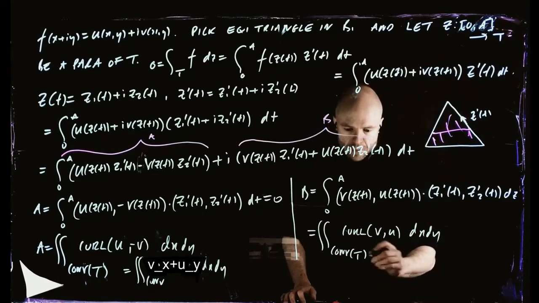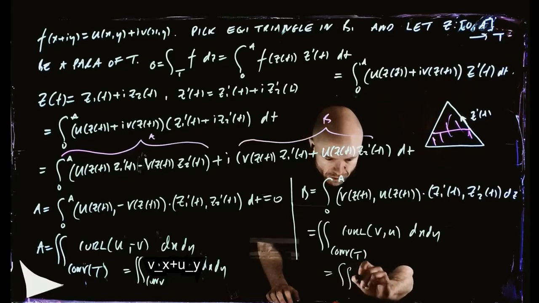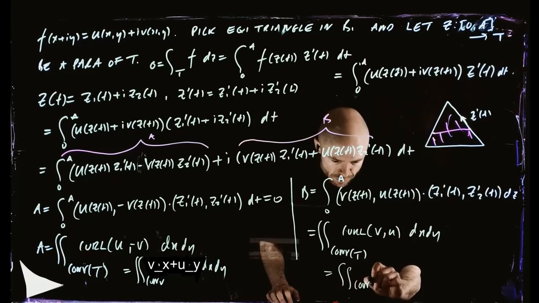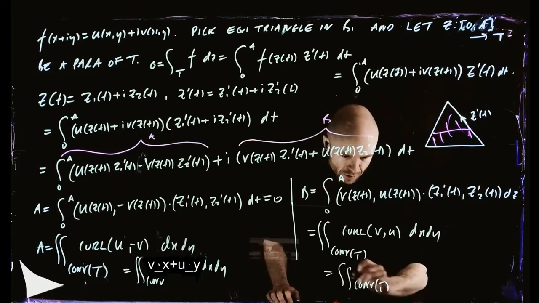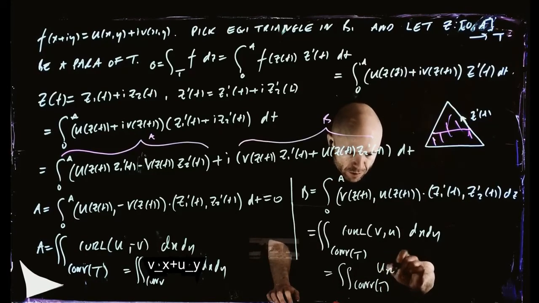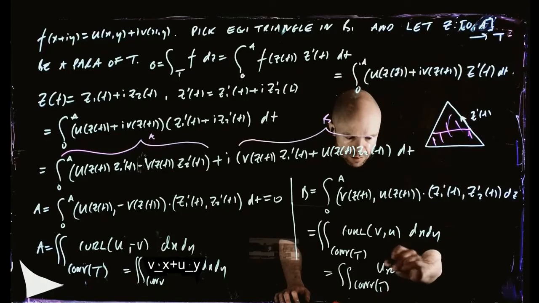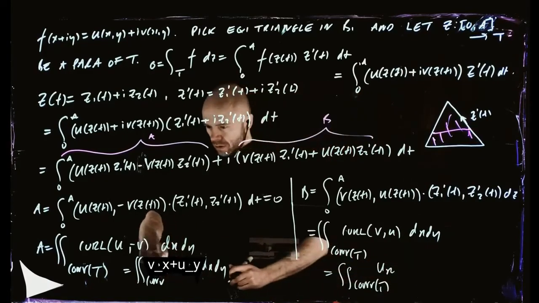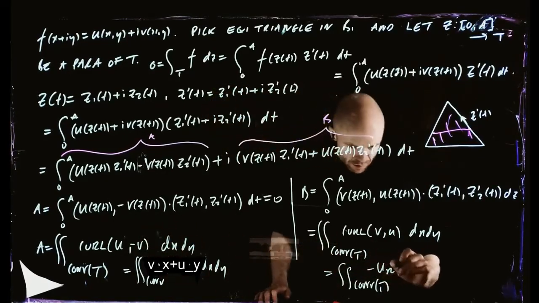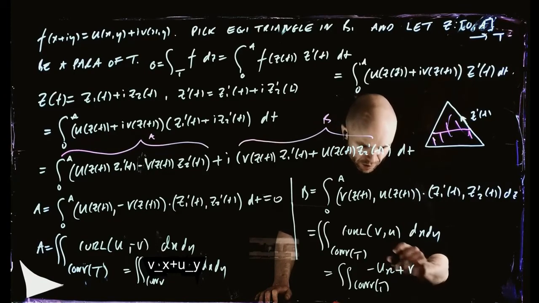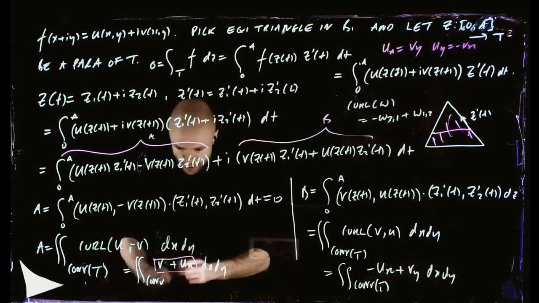Yeah? And what's that? That's the double integral around the convex hull of t, and then it is u x minus u x plus v of y. This is v x.